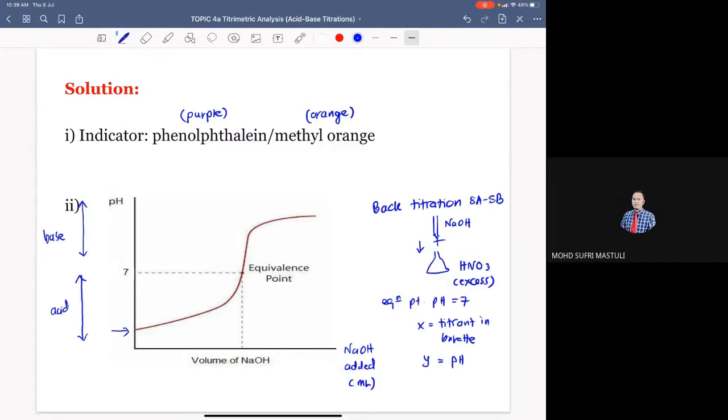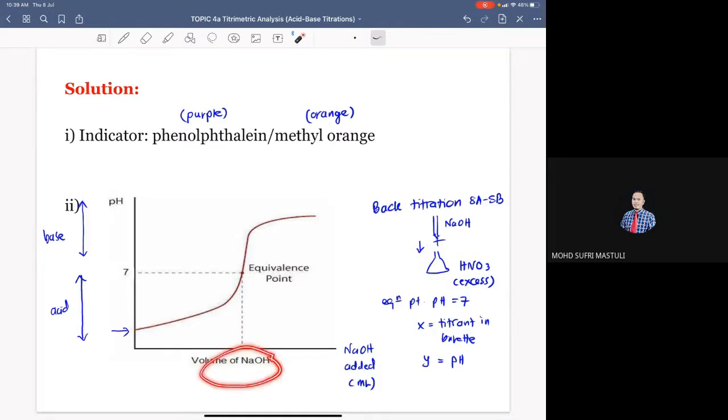So when we add more and more sodium hydroxide, the pH will change from acid into basic.